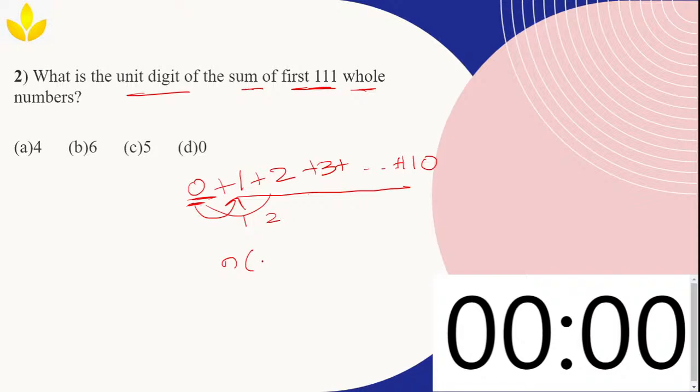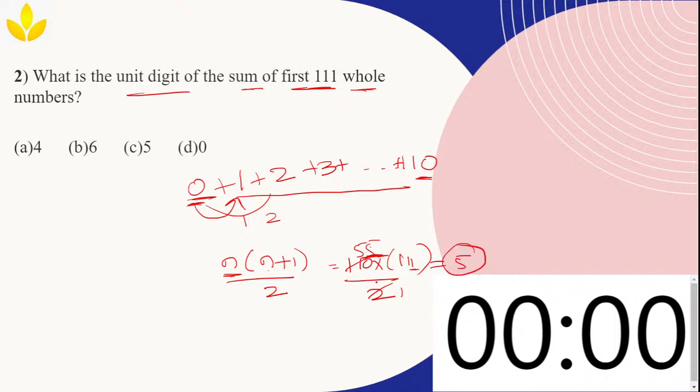How will you find the sum of first n natural numbers? n into n plus 1 divided by 2. Now, what is the value of n here? 110. Okay. 110 multiplied by 110 plus 1, 111, divided by 2. 2 ones are 2, 55s are. Last digit. 5 into 1. So, what is the answer? 5. Easy, right? Okay. So, well, most of you are getting the answer. That's great, guys.